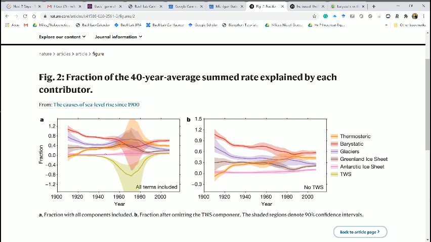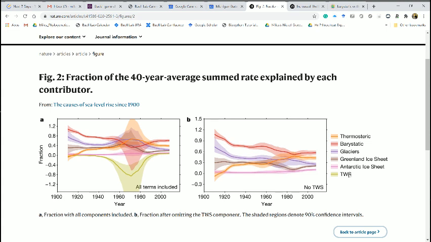I have very little experience in climate science, by the way, so that's why I'm reading this to try to figure some of this stuff out. Interesting spike in contribution of this, whatever this thermosteric cause is, around 1970, and a large dip in barystatic around the same time. Interesting.